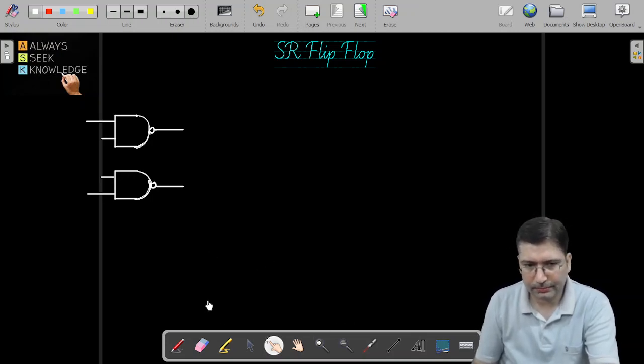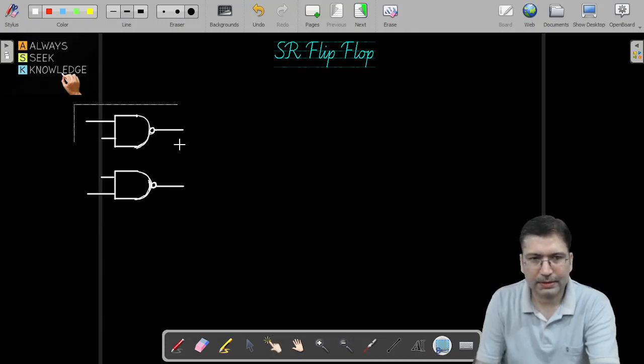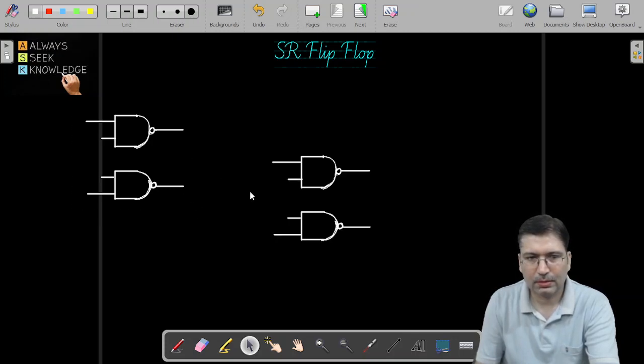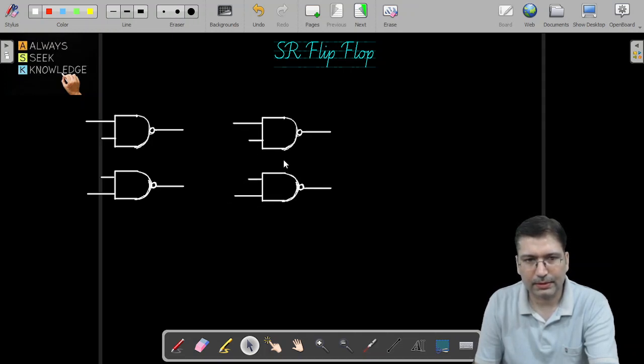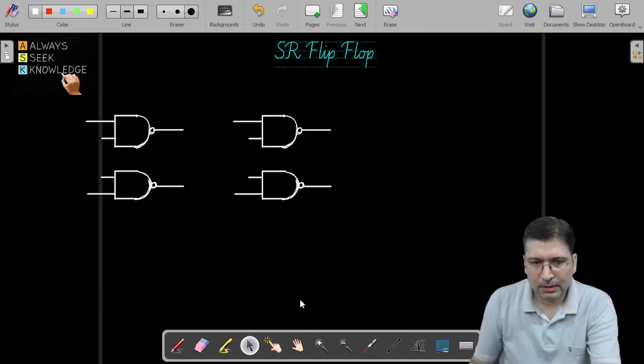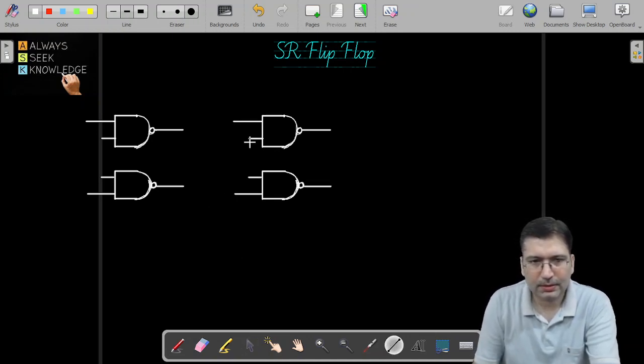So let me copy this. Let's say this is the circuit. Now the connections, you can make something like this.